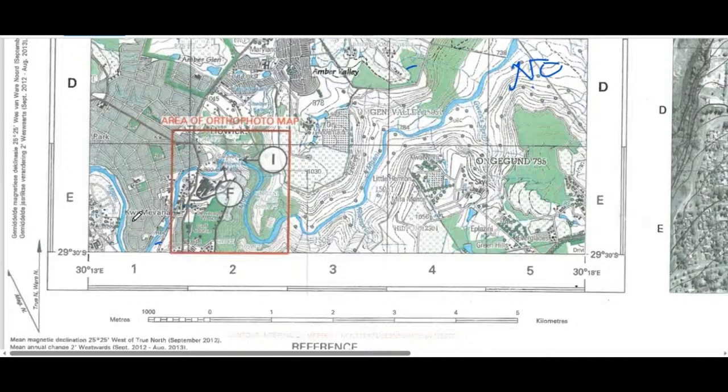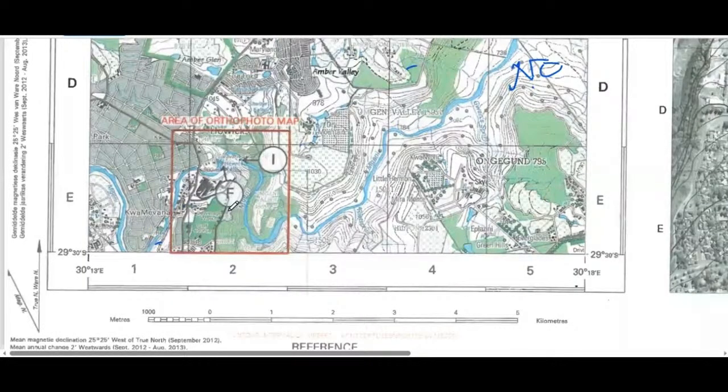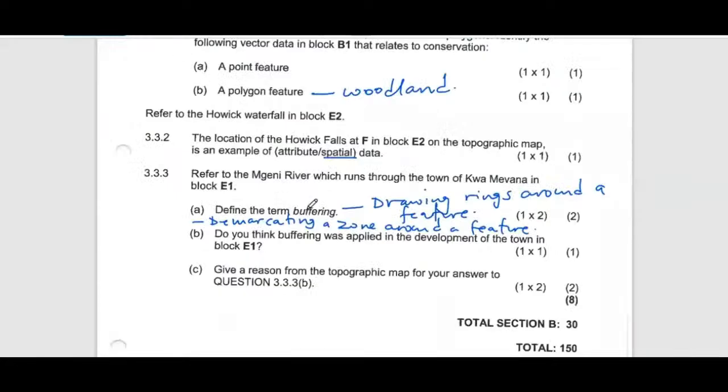We could say so, because at least the river is still being preserved. Otherwise, there will be no river there. Okay. But as well, I think let's go with a no, because let's say no, buffering was not applied.